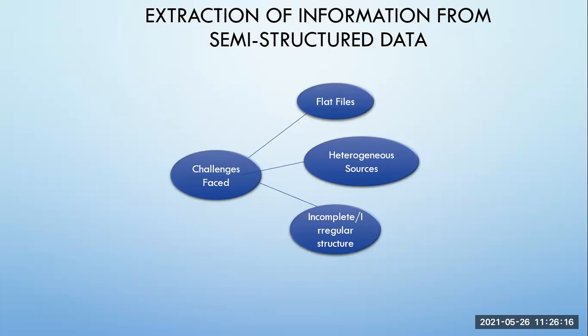Extracting the structure where there is none, and interpreting the relationships existing in the structure, is a difficult task. Information is already available but incomplete, and you have to decide how to complete it. Irregular structure means somewhere tables are there and elsewhere no tables. For incomplete data, you are supposed to collect the information and make it proper data.